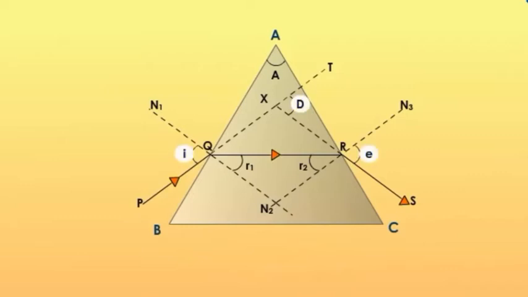The angle between the extended part of the incident light ray and the extended part of the emergent light ray is known as the angle of deviation or angle of minimum deviation.